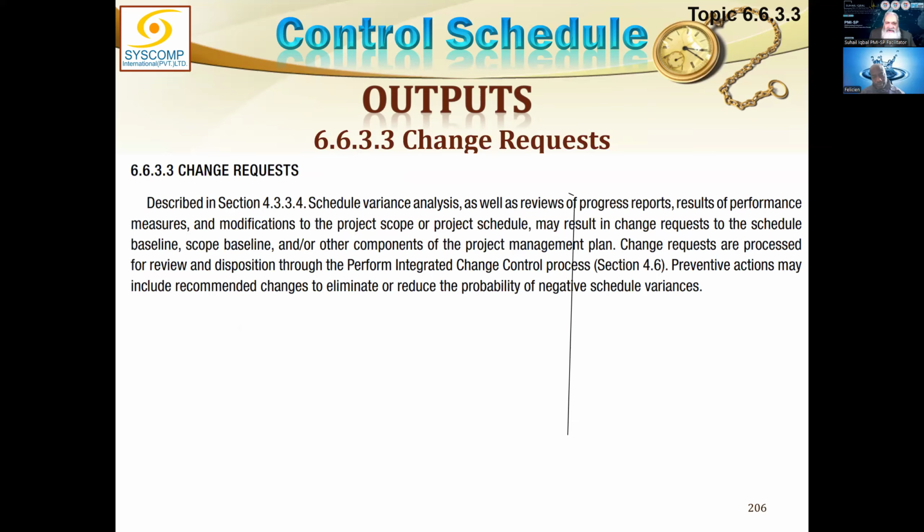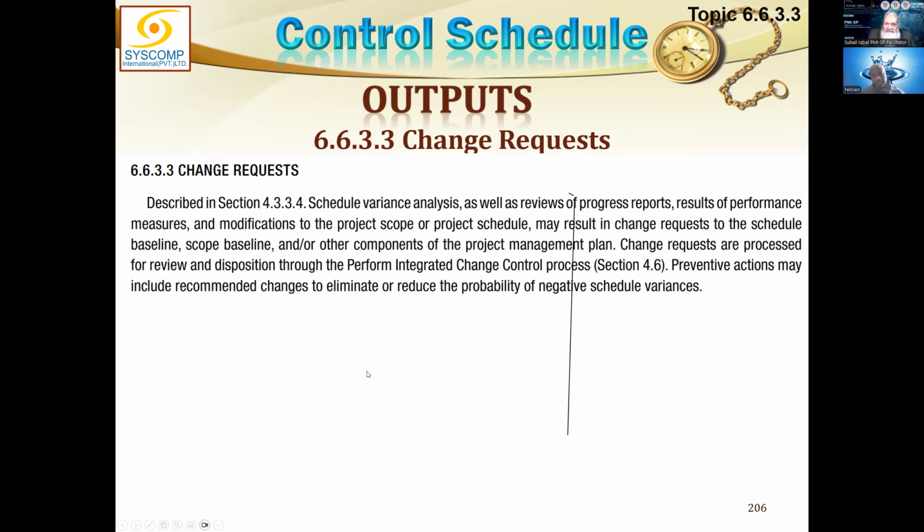Otherwise, if it doesn't impact scope, time, and cost, then we don't deal with it as a change at all. We don't require a permission from the higher authorities to approve this change request, because if I cannot impact the scope, time, and cost, I, as a project manager, am fully authorized to take any steps.